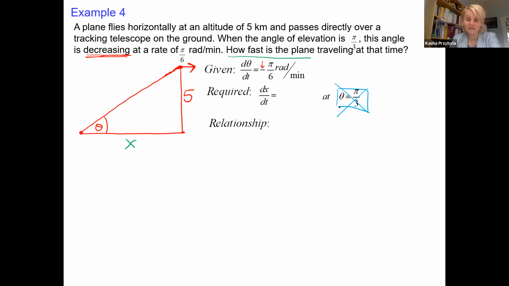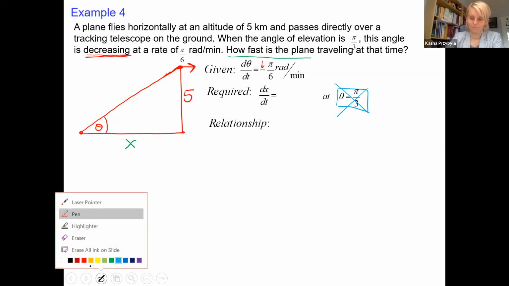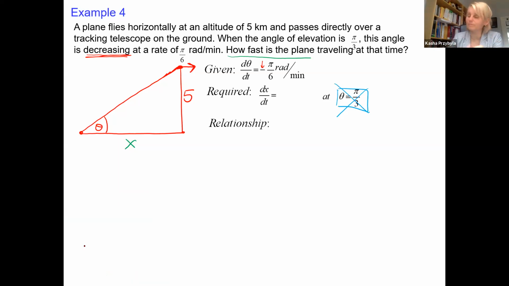We have x, 5, and theta. What relation? I see that Kevin said tangent. Do you agree? I think we can, because we have opposite and adjacent. We just have to make the relation between theta and x. I can write tangent theta equals 5 over x.